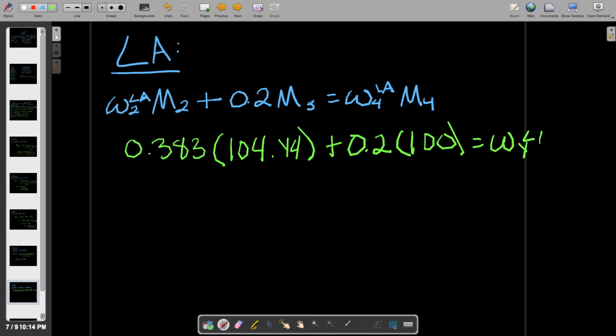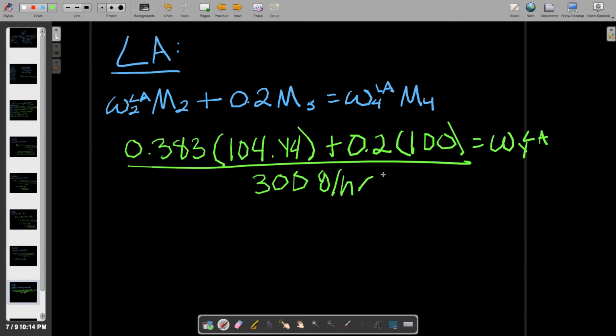That is going to give us, sorry, the mass fraction of LA in stream 4. We can go ahead and divide that by the flow rate in stream 4, which is 300 grams per hour. And this is going to give us a mass fraction of LA in stream 4 equal to 0.2.